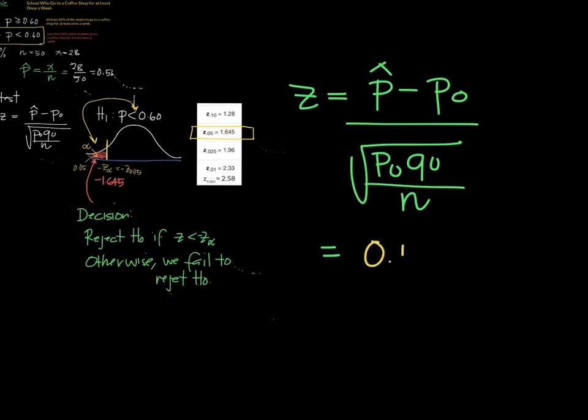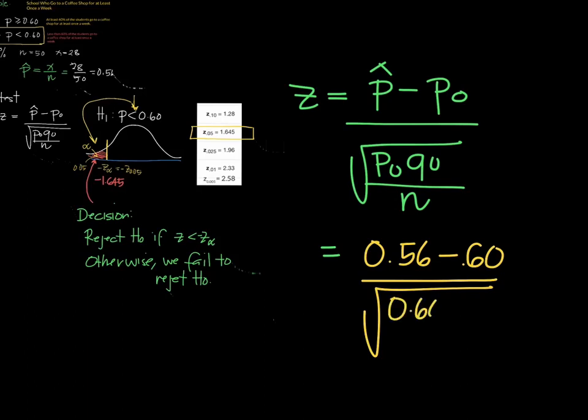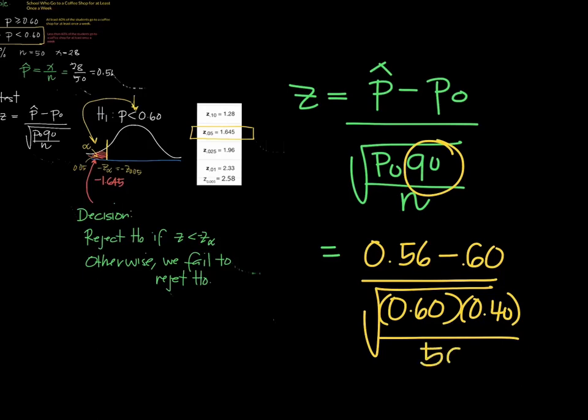We have 0.56 minus p sub 0, which is the hypothesized value. It's a value set in the null hypothesis, and that is 0.60, divided by the square root of p sub 0, which is 0.60. Now q sub 0 is 1 minus p sub 0, and that is basically 0.40. Then divided by n, we asked 50 people for this study, so n is equal to 50.